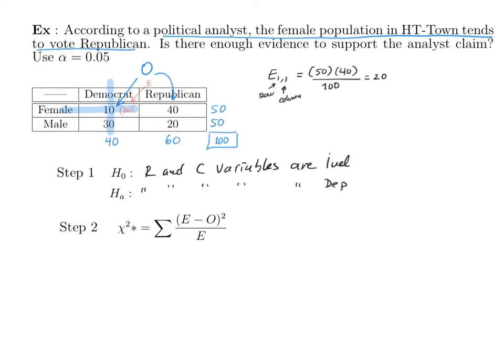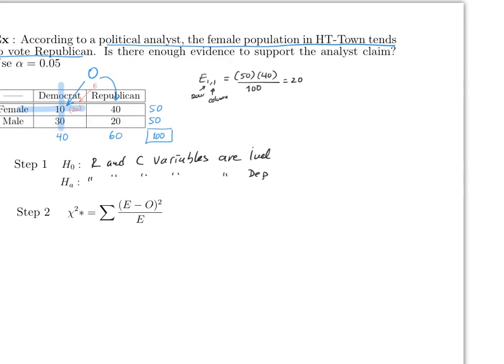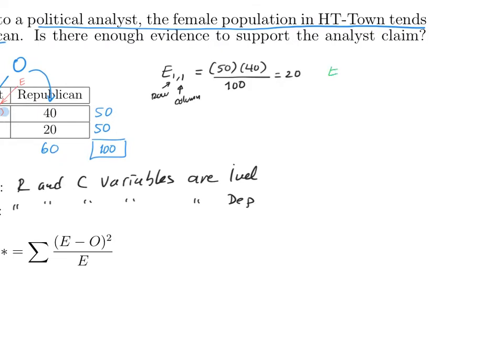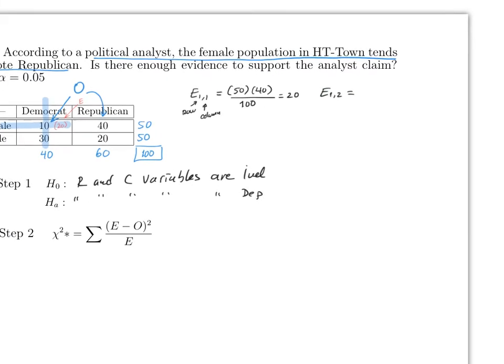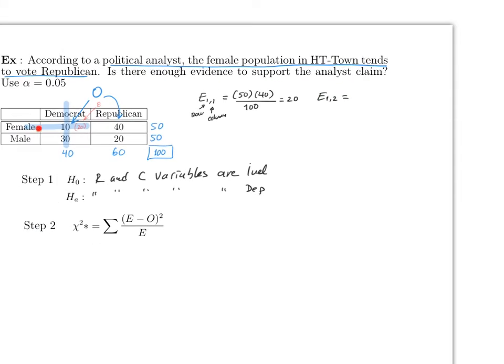40 you can see is in the first row, but it's in the second column. So therefore we're gonna call this E, row 1, column 2. Now again, the sum of this row is 50.